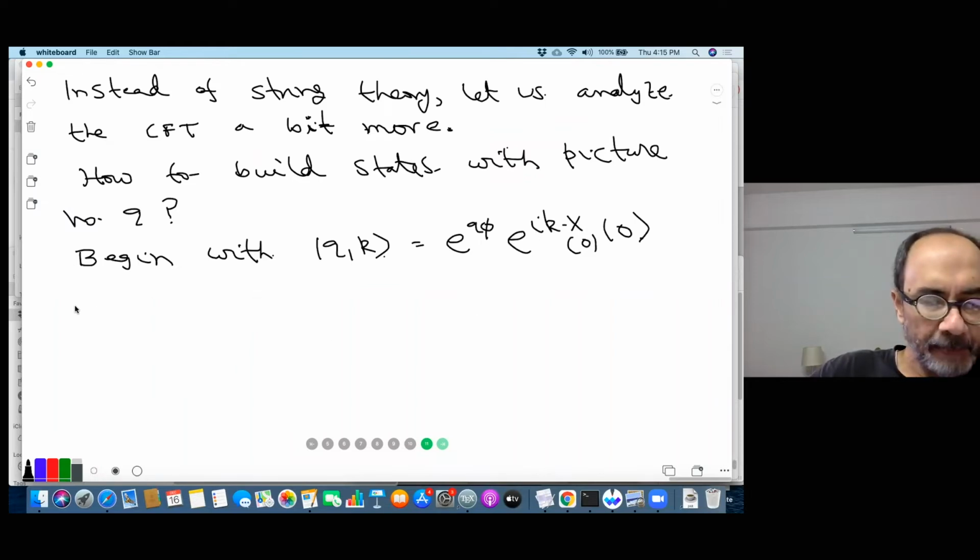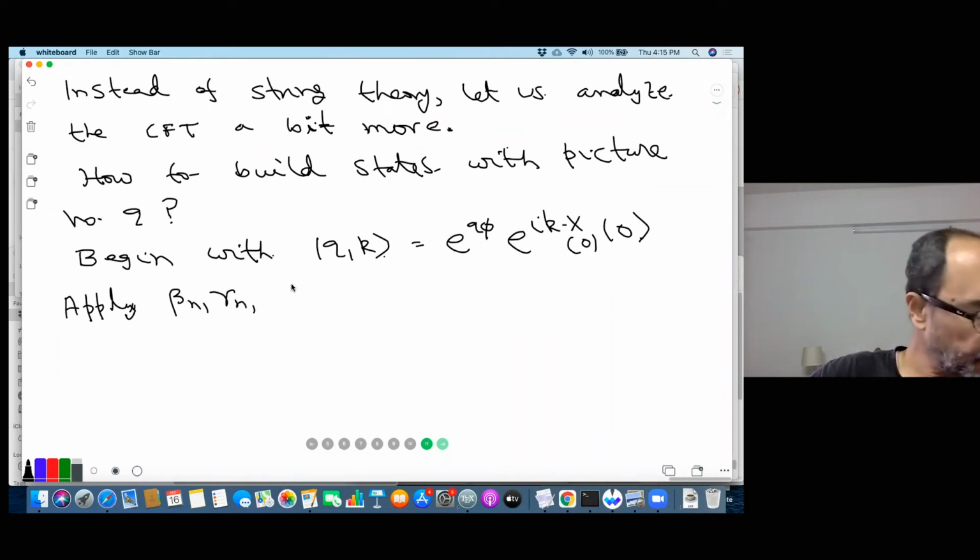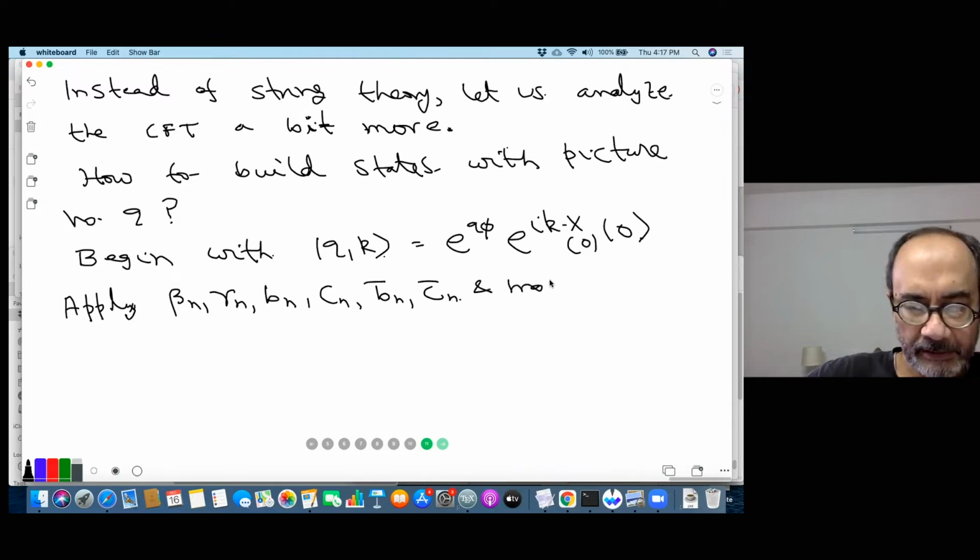Okay. And then we apply the various modes of various fields, namely beta n, gamma n. We are doing heterotic, so that there is a beta bar, gamma bar, etc., Bn, Cn, B bar n, C bar n, and matter operators.